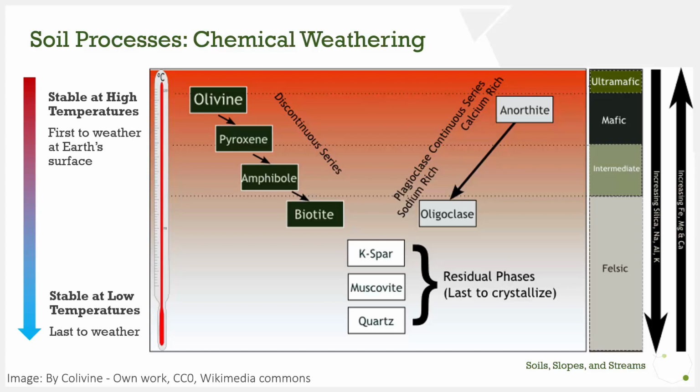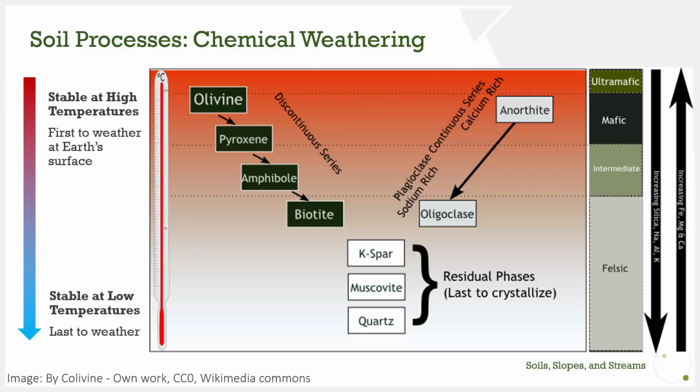This has pretty important implications for how weatherable minerals are, because minerals that crystallize first in the really hot magma are unstable at Earth's cool surface. And minerals that crystallize last, or when the magma is relatively cool, are the most stable at surface temperatures.